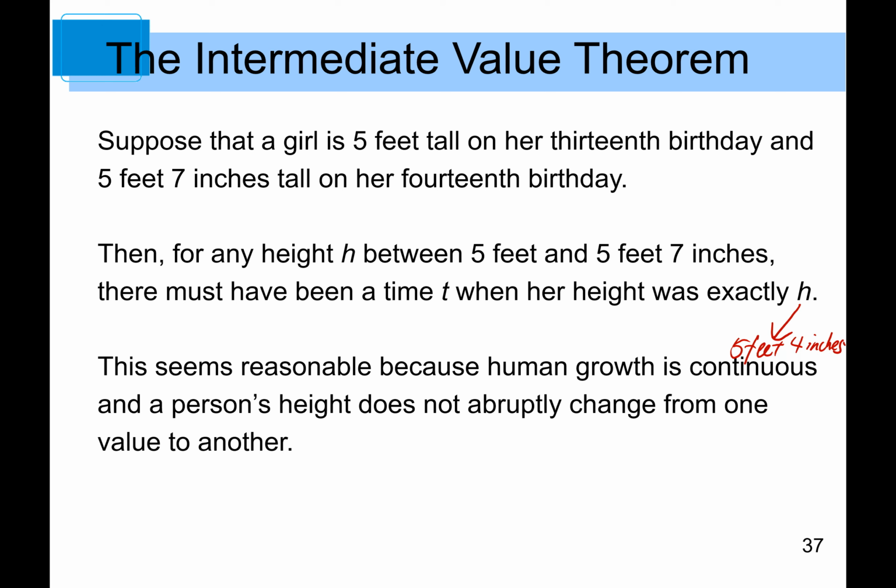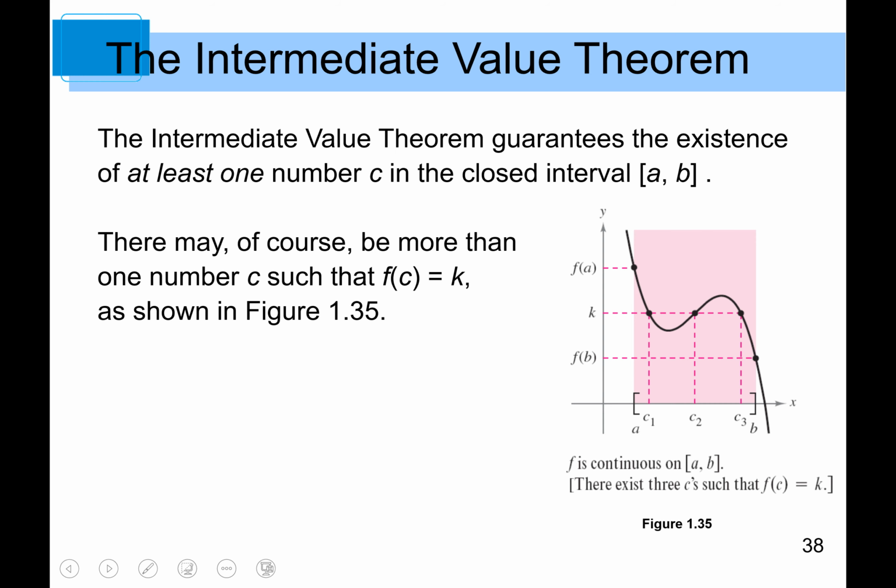We know that this is continuous, right? Because human growth is continuous and a person's height does not abruptly change from one value to another. It grows over time, continuously. So it's pretty much the same concept.